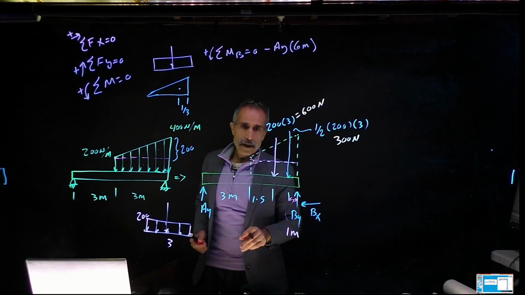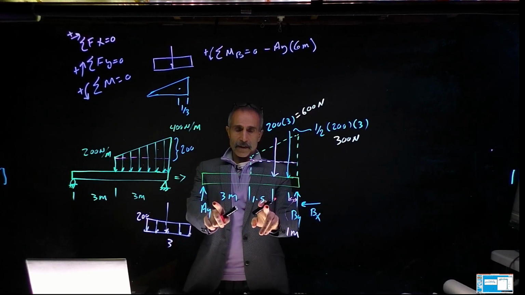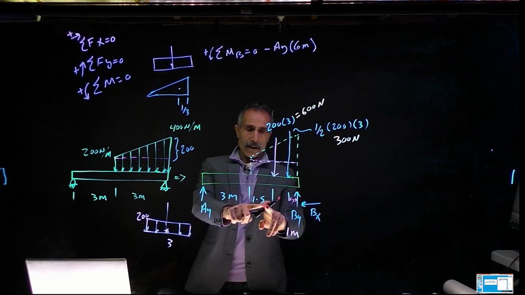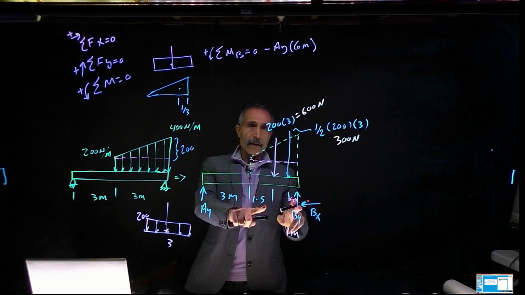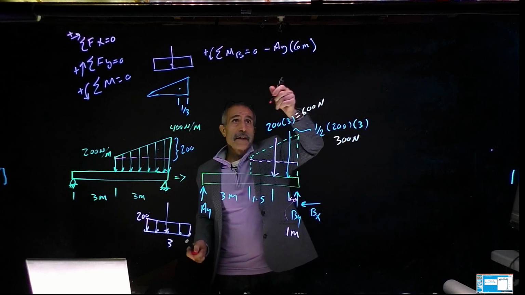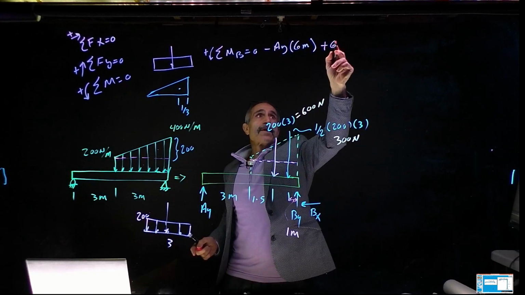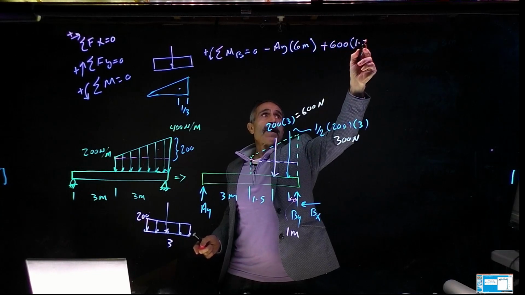Then the next one, there's nothing until this load, and this load is 1.5 from here. It's 600, going counterclockwise, so it's positive: plus 600 times 1.5.